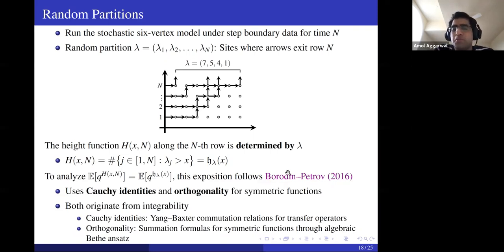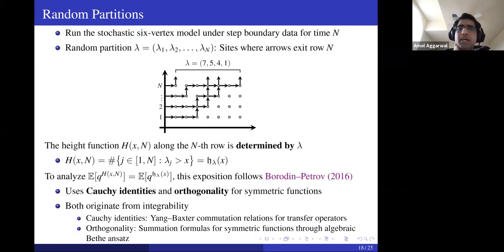We'll follow this work of Borodin and Petrov, and they use Cauchy identities and orthogonality for certain families of symmetric functions to obtain formulas for these Q moments. And I should say that both of these statements, the Cauchy identities and the orthogonality, originate from the integrability, or the Yang-Baxter equation, for the model.